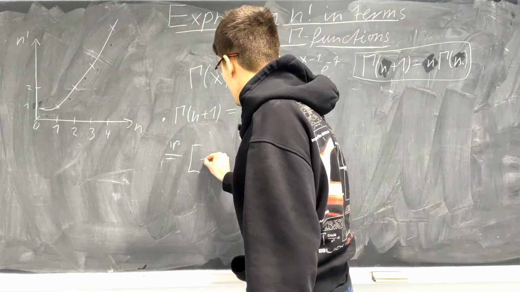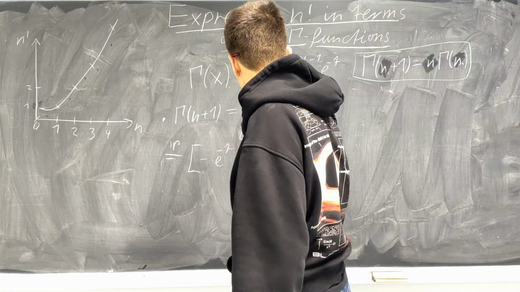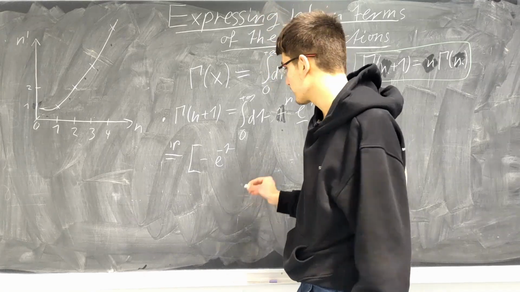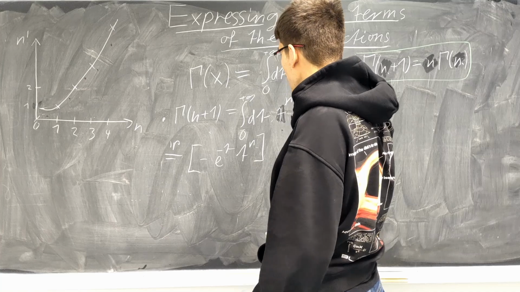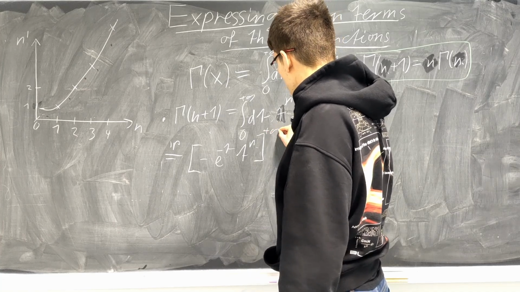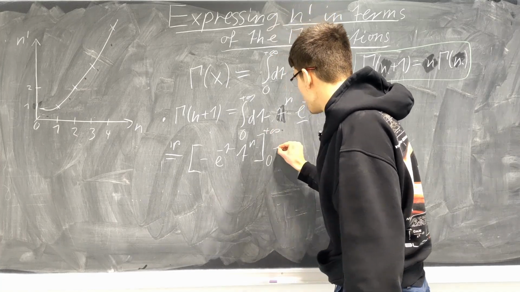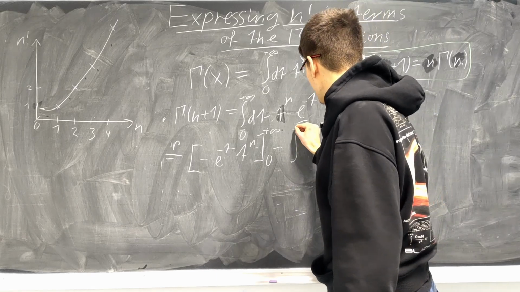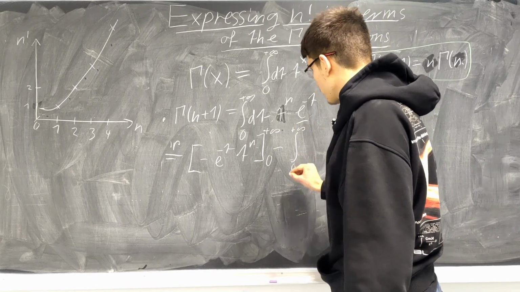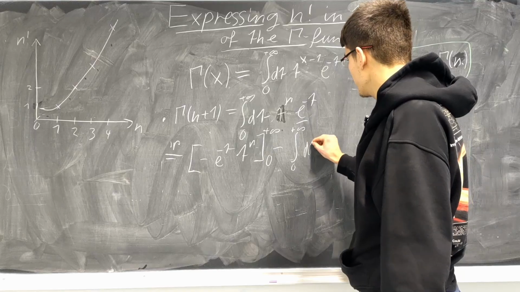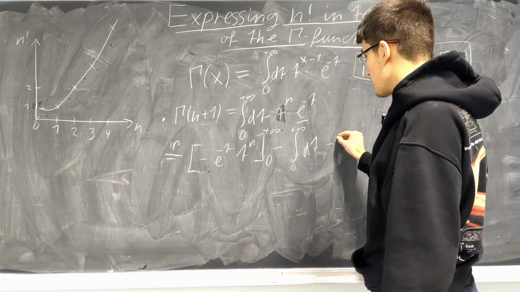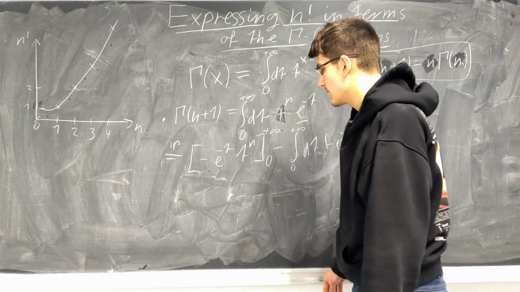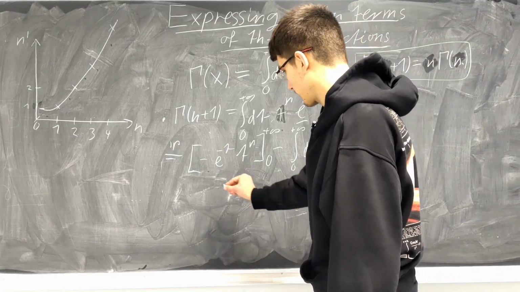So that's minus e to the minus t. T to the power of n stays the same. And we have to take the result at the boundary, minus the integral from 0 to plus infinity dt, then we have to take the antiderivative from there, so minus e to the minus t.